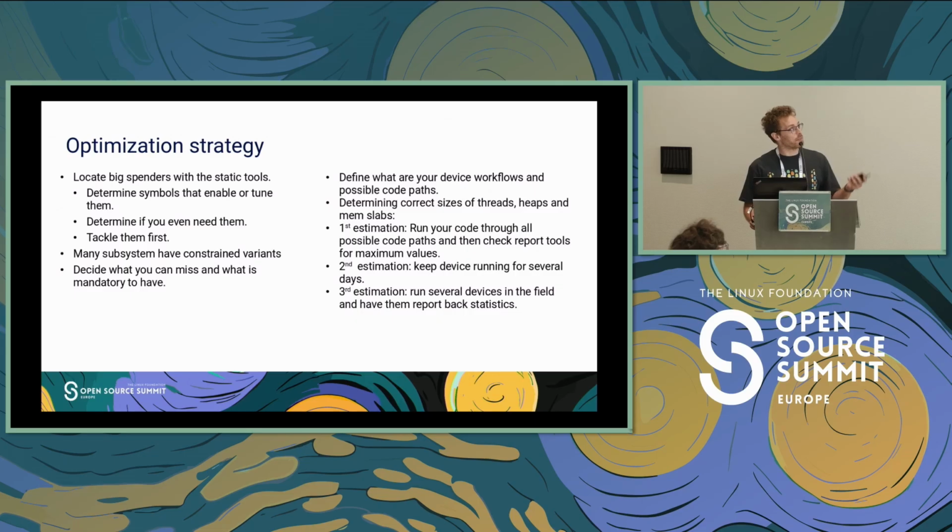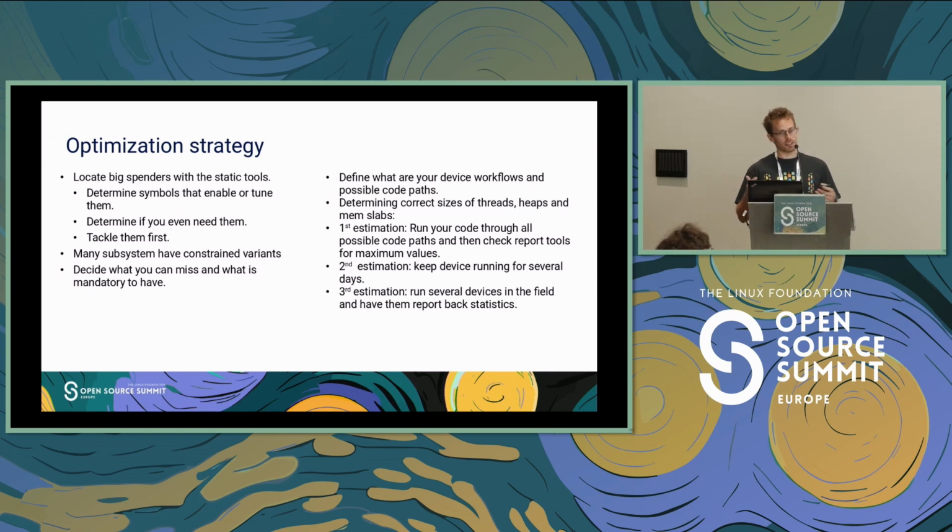You have to determine if you need them, and if you are starting this for the first time, you might not know. So there is some research needed to figure out: do I actually need this thing that is inside? Can I completely remove it? Or if I cannot completely remove it, can I tune it down somehow? Many subsystems have constrained variants. I think you're all aware of this.